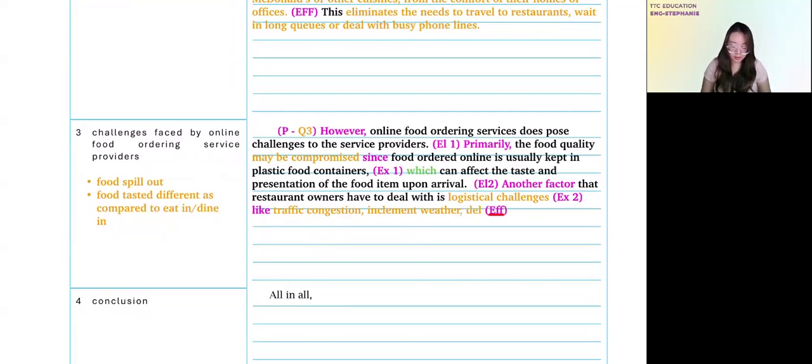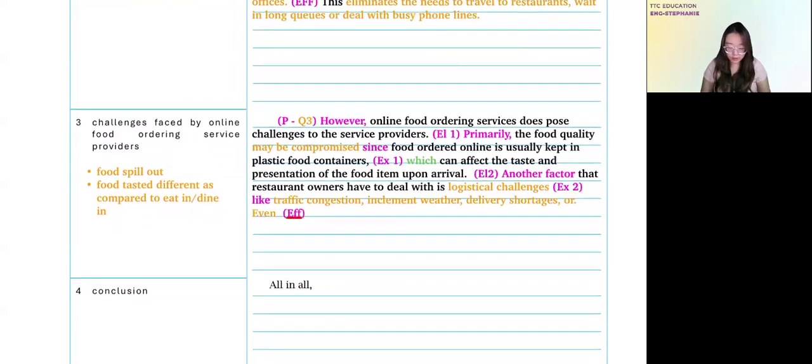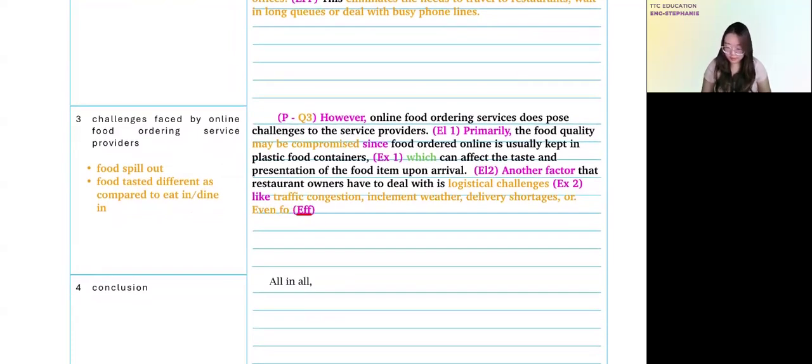All right. Delivery shortages. All right, picked up the wrong one. Maybe it's broken, yes. Spilled-out things. Okay. Delivery shortages or even food being spilled out from its container. Okay.